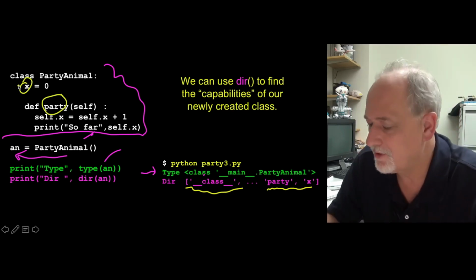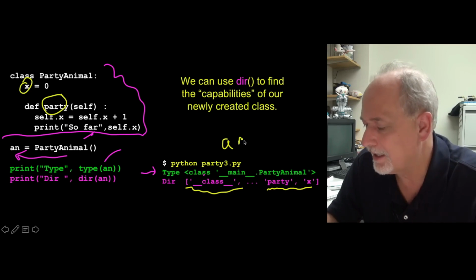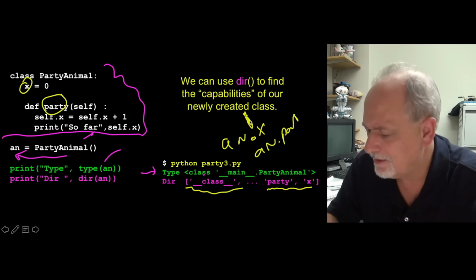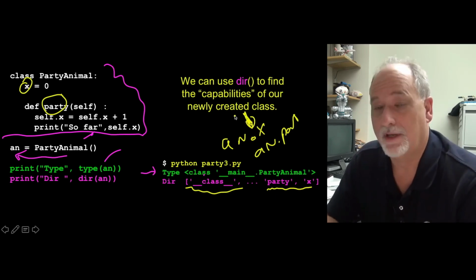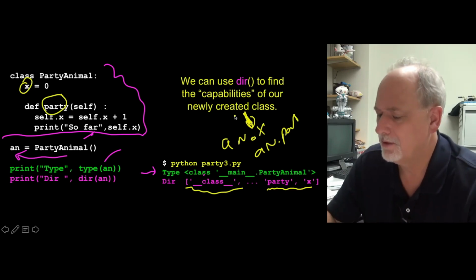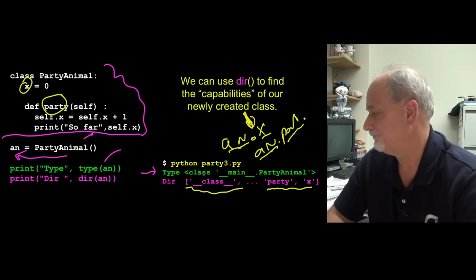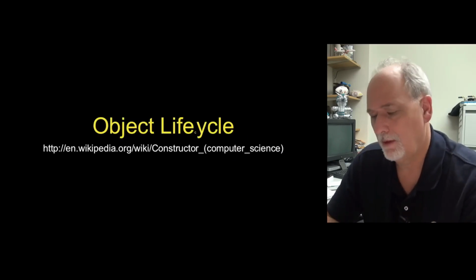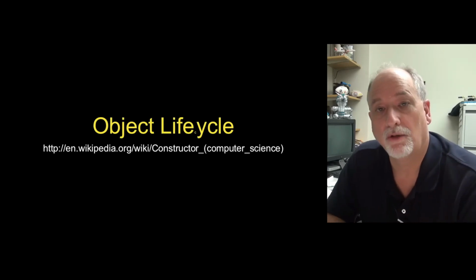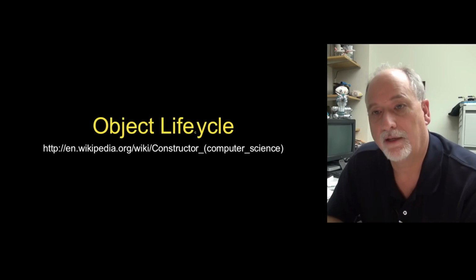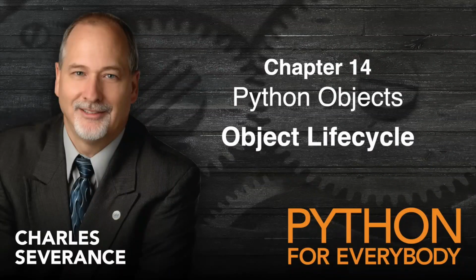And again, these are the things that you can say an.x or an.party, because this dot is the object lookup operator that says look up in the object an the thing x, or look up in the object an the thing party. Okay? So up next we'll talk a little bit about how objects are created and destroyed. We also call that object lifecycle.